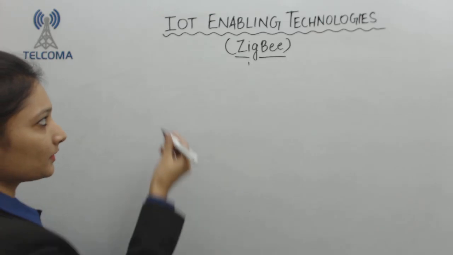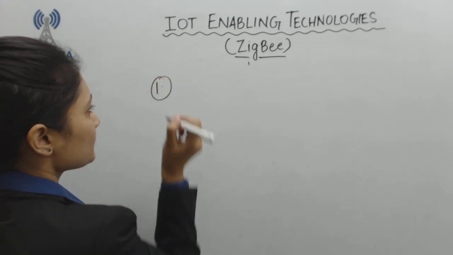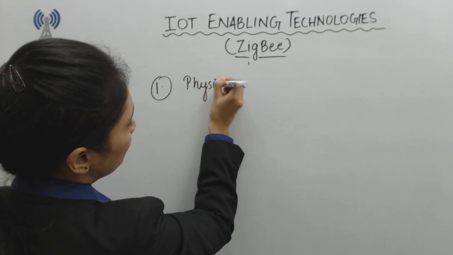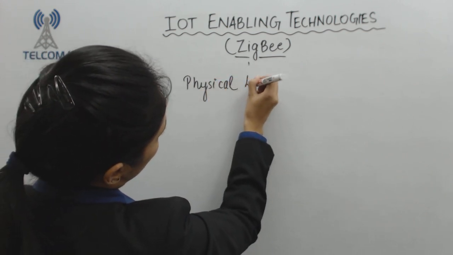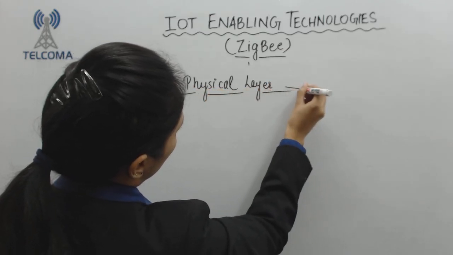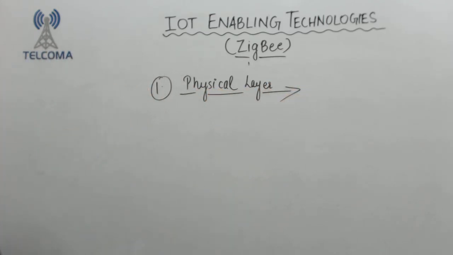So in the protocol stack of your Zigbee, first of all, you have the physical layer here.